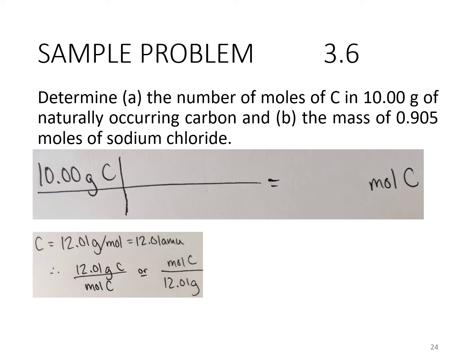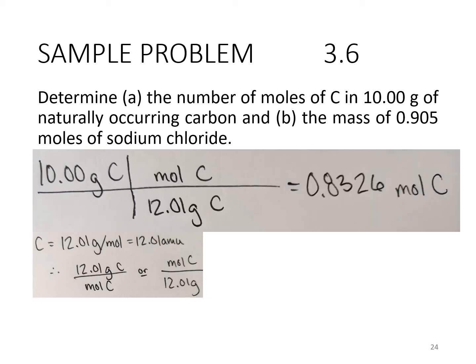So the way that we would preferentially write that is 12.01 grams of carbon per mole of carbon. Or for every 1 mole of carbon, you have 12.01 grams of carbon. Okay? So I think you can see we could get grams of carbon to cancel, and we'd be left with moles of carbon if we plug that in. So you can put that in there.